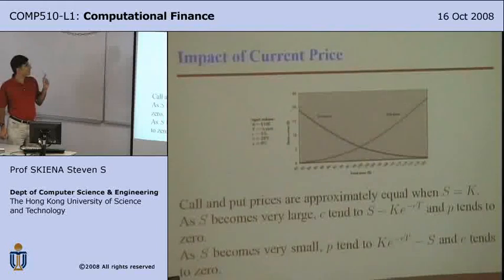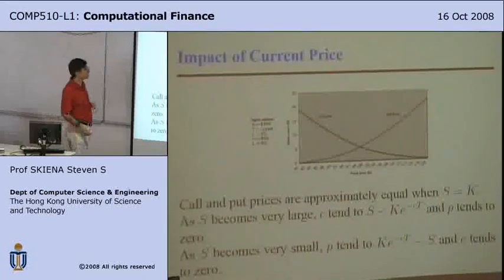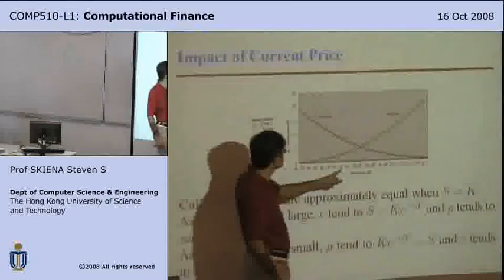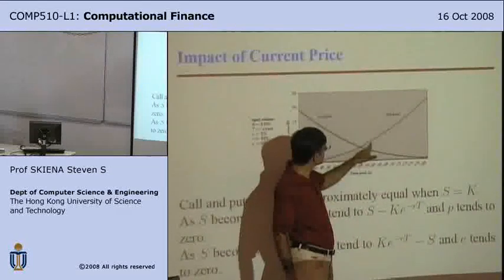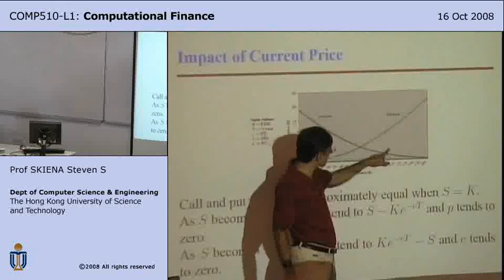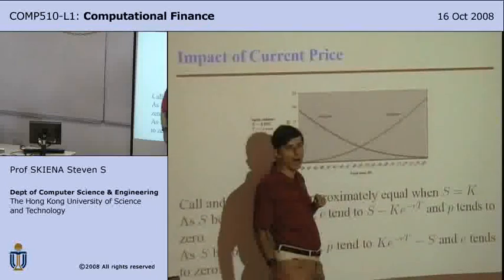Here is a question of what the impact of the current price is. We're assuming there's a strike price here of 100. As the current stock price goes up, what do we see? Of course the call option goes up, the put option goes down.